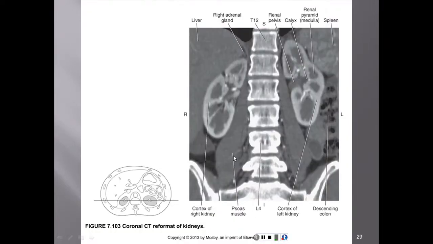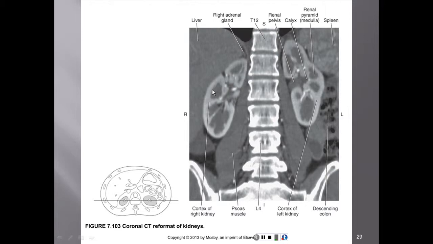Coronal CT reformat of the kidneys. Image can be found on page 448. The window is darkened, I guess, wide gray area, so that we can see through areas of high contrast. But here we do see the left and right kidneys very well.